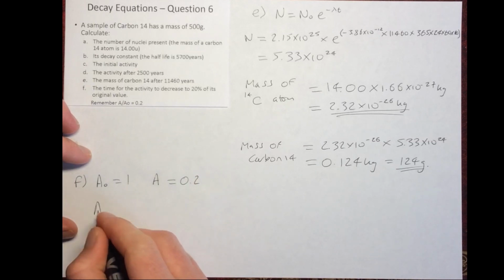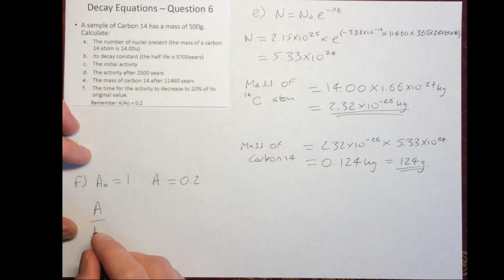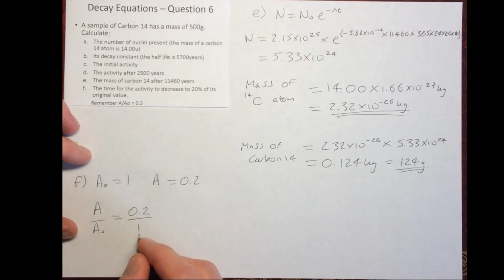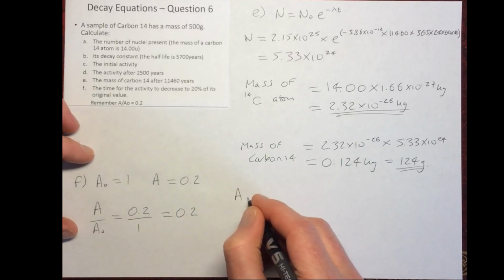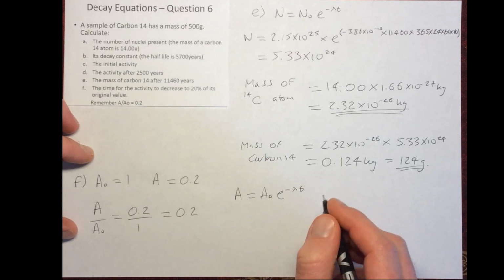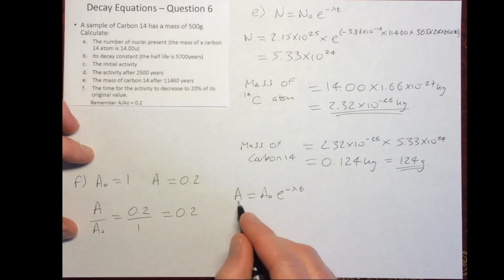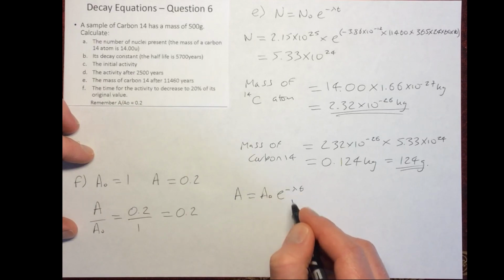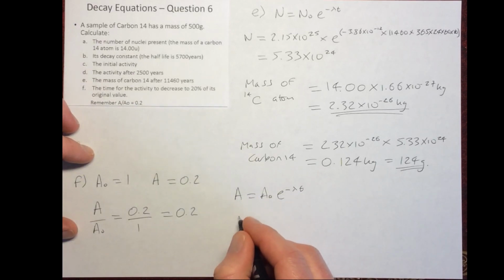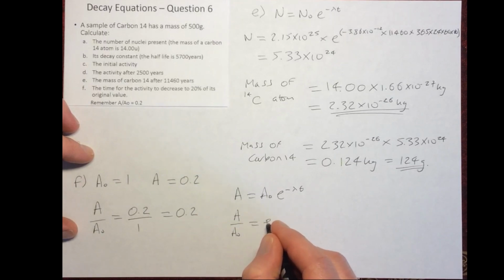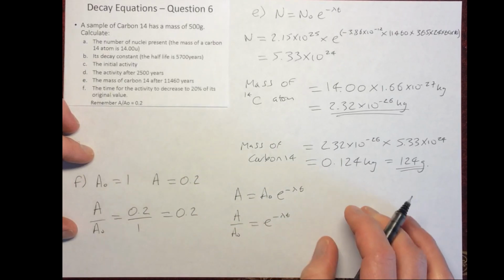Okay, it's decreased by 80%. So therefore the ratio of the activity now to the original activity is equal to 0.2 over 1, which is 0.2. So using this equation, A equals A naught e to the minus lambda t, we can now work out this time because we know the ratio of those two, and we know the decay constant. So all we're going to do is A over A naught equals e to the minus lambda t.